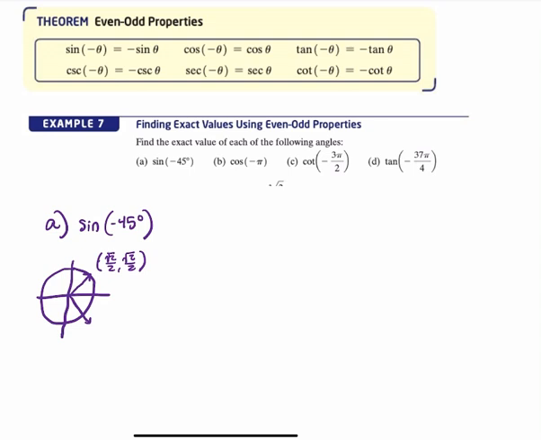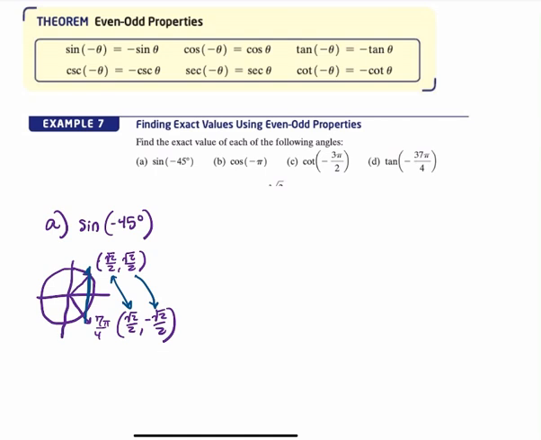So we would be down here at 7 pi over 4. And this has a coordinate point of positive root 2 over 2, negative root 2 over 2. And so these are on the same vertical line, so they share the same x-coordinate, but the y-coordinate is just flipped from positive to negative.